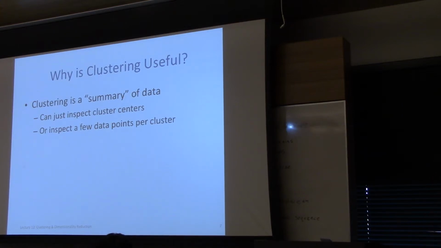Or we can select a few data points per cluster. Rather than looking at the entire data set or the entire raw feature representation, we can look at a small slice of that data and get a sense of what the data is trying to tell us. That's the goal of these models that make simplified assumptions, which allow us to summarize the data in a much more compact way than the raw representation.